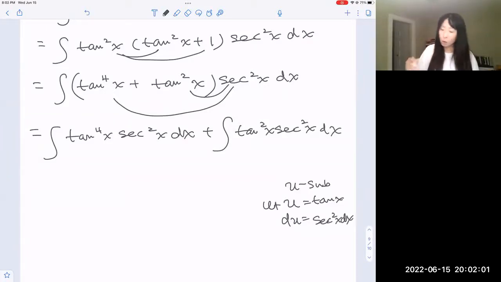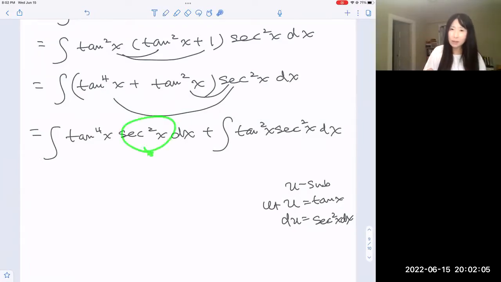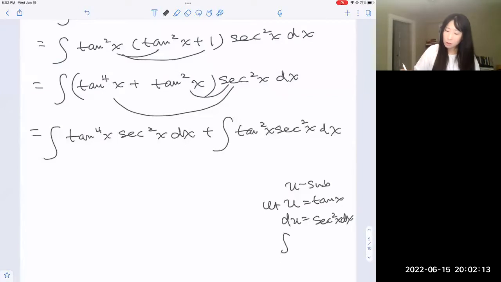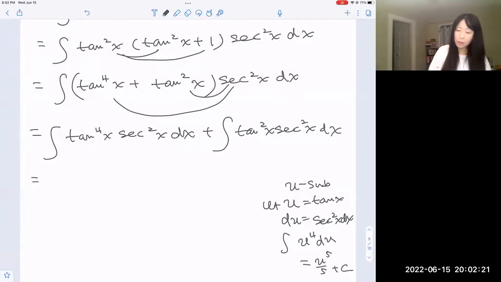Look, we have everything there. Can you see that? Secant square x. Now we can just deal with the power, right? So u to the fourth power du, then we know that. So this will be tan to the fifth power over 5.